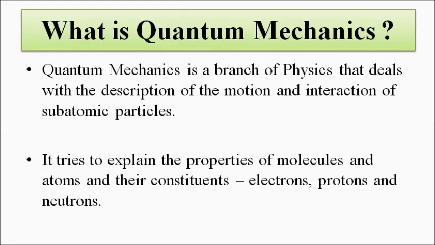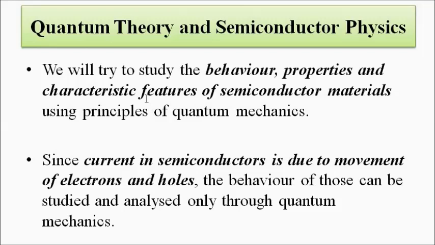Now why do we need the quantum theory in the study of semiconductor devices? We know that the current flow in semiconductors is due to the movement of electrons and holes. We have already discussed electrons and holes in a video related to semiconductor physics basics. You can check that out. So the current flow in semiconductors is because of the movement of electrons and holes.